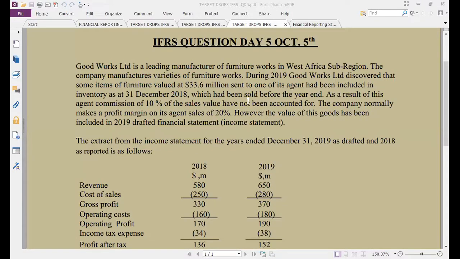That is the mistake that they've committed here, because they've added 33.6 million to the closing inventory. Meanwhile, this goods is not in existence. It has been passed on or disposed of. So that's the mistake. So which area will it affect?